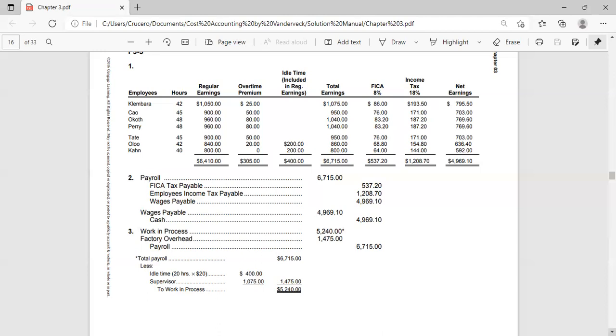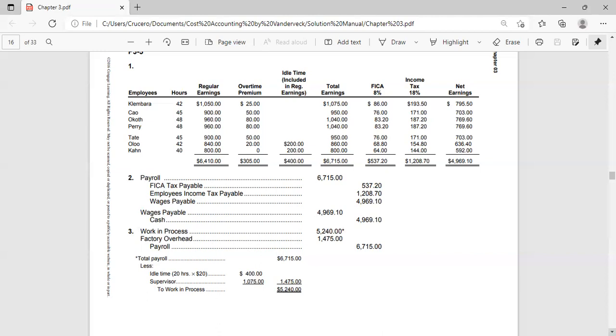Klimbara is supervisor. Then we have the workers, Cow, Okoth, Perry, Kate, Olo, and Khan. All employees are paid $20 per hour except Klimbara, who receives $25 per hour. All overtime premium pay except Klimbara's is chargeable to the job, and all employees including Klimbara receive time and a half for overtime hours. So we now determine the total payroll.